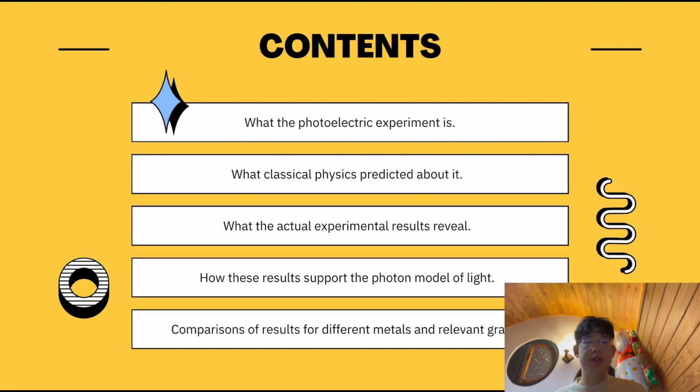We will also dive into key concepts like energy quantization, threshold frequency, and the difference between how intensity is understood in classical and quantum physics. We will be using a simulation to make these ideas clearer and as a source for the presentation.